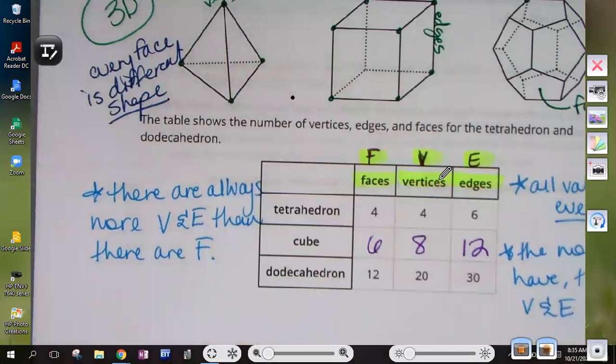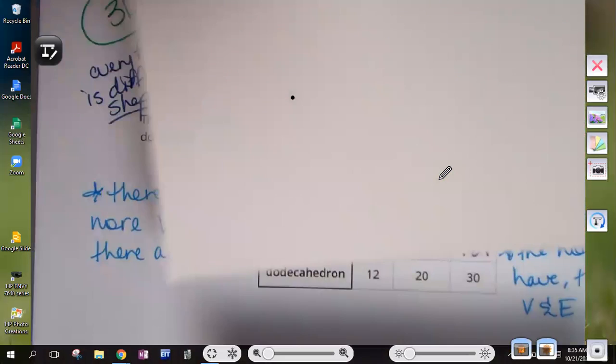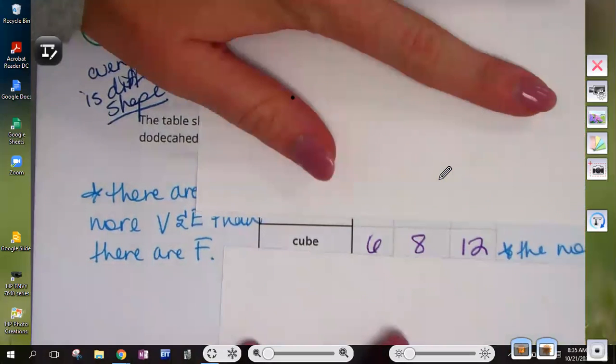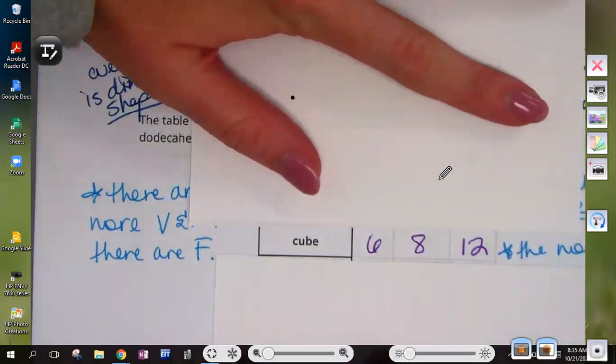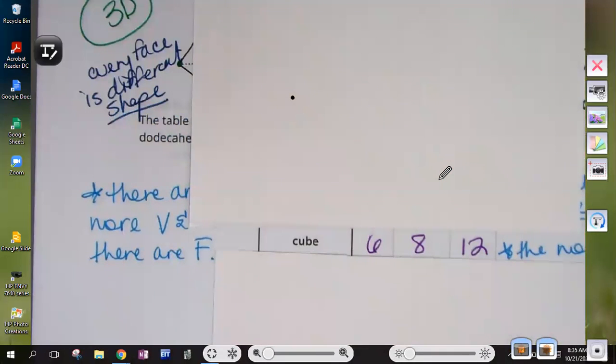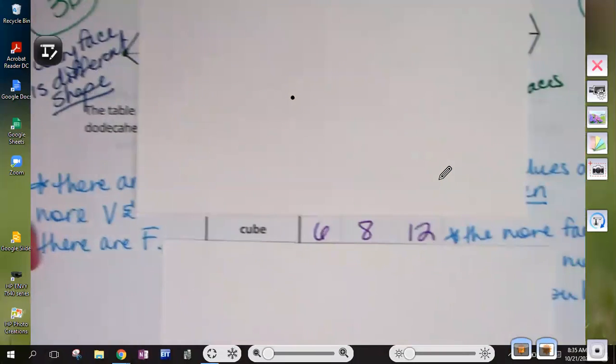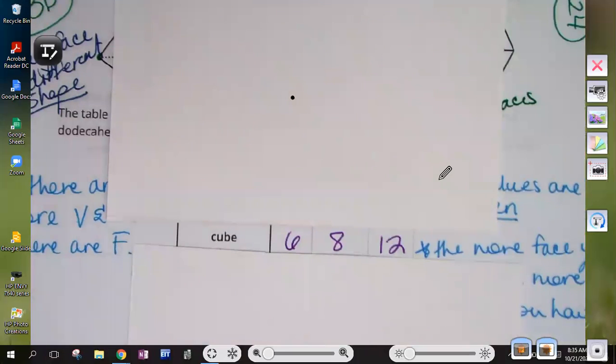All right, so let's hone in on just the cube for a second. We already discovered there's a relationship between the number of faces and edges and vertices, like they're all interconnected. So how could we get to that?